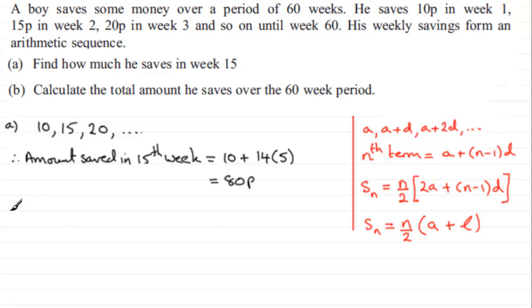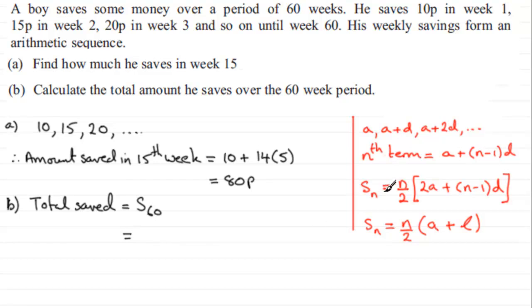So in part B, calculate the total amount he saves. The total saved equals S60, the sum of the first 60 terms.